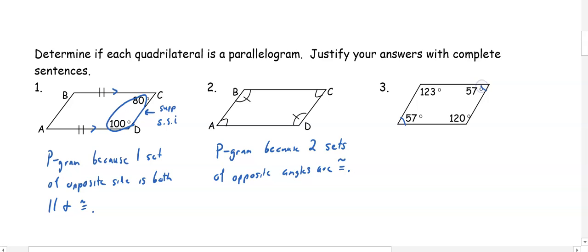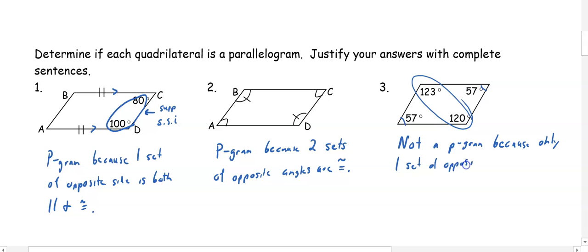They are opposite angles and they are congruent, but 123 and 120 are not congruent. So we only have one set of congruent angles, so this is not a parallelogram because only one set of opposite angles is congruent, not both.